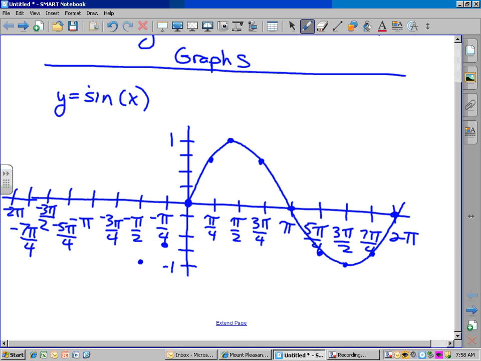Continue the pattern to the left. So we have the sine graph.